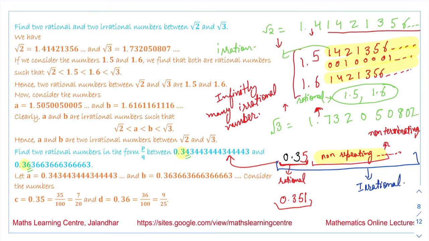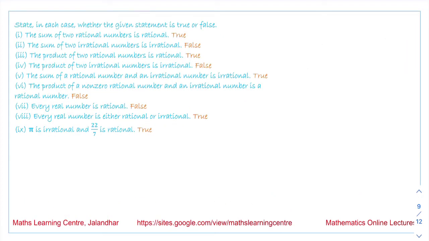Next we have some true false questions over here. First is, the sum of two rational numbers is rational. This statement is true. If two rational numbers are given, 3 by 4 plus 7 by 8, the answer you will get is rational. The sum of two irrational numbers is irrational. This is false.